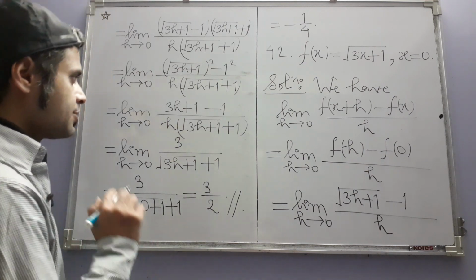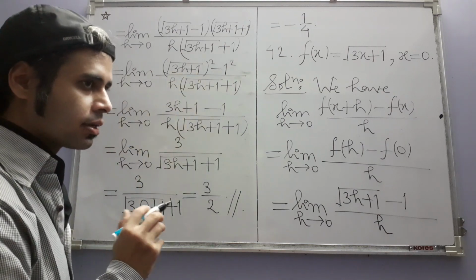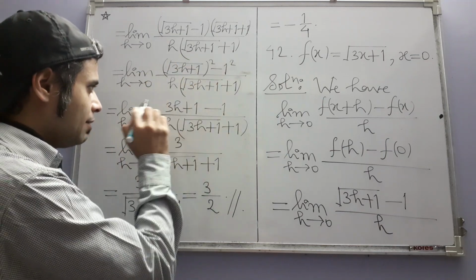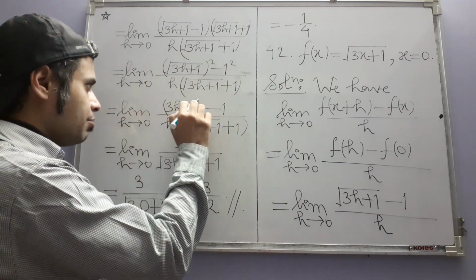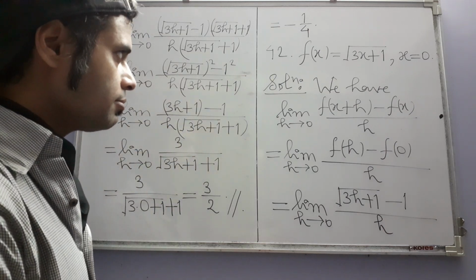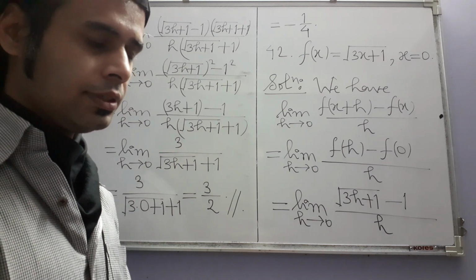You see, I said that while lifting the square root, meaning while making it vanish, I am assuming that 3h plus 1 is non-negative. Is that true?